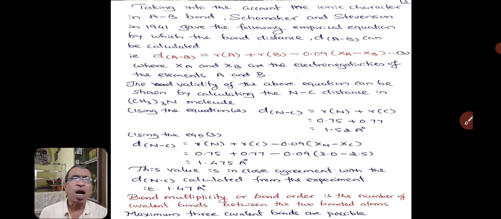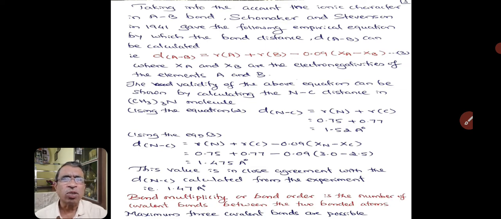Taking into account the ionic character in the AB bond, Shoemaker and Stevenson in 1941 gave the following empirical equation by which the bond distance D_AB can be calculated.